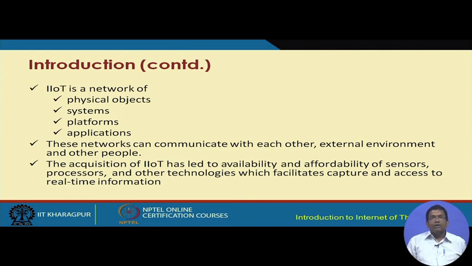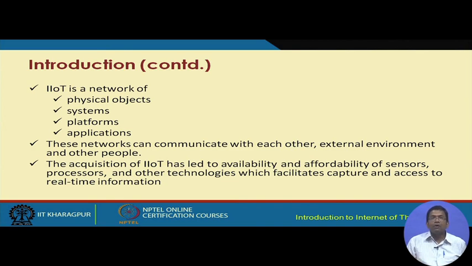In the IIoT network, we have physical objects that are interconnected, we have different systems and subsystems that are interconnected, there are different types of platforms that work together, different applications and so on. These IIoT networks can communicate with one another, with the external environment, and with different people.